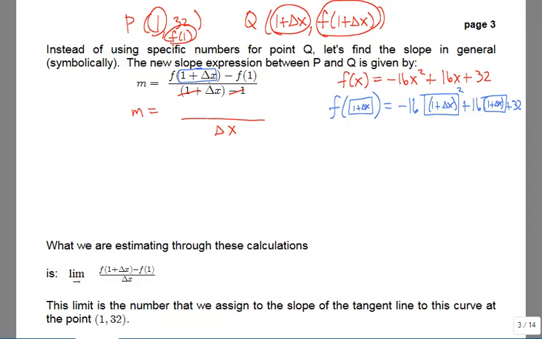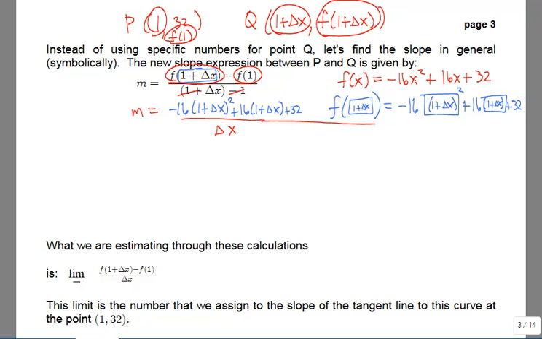So the correct expression for f of 1 plus delta x is -16 parentheses 1 plus delta x squared plus 16 parentheses 1 plus delta x plus 32. Now that's just this part. We want to subtract from that f of 1.